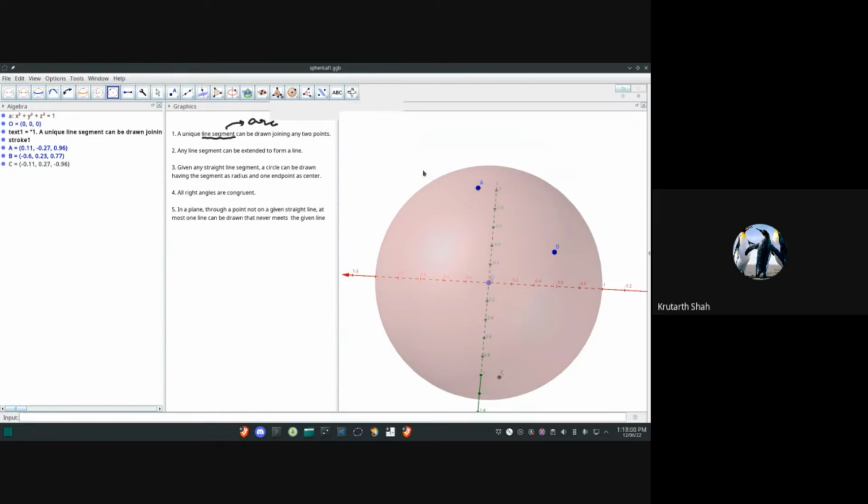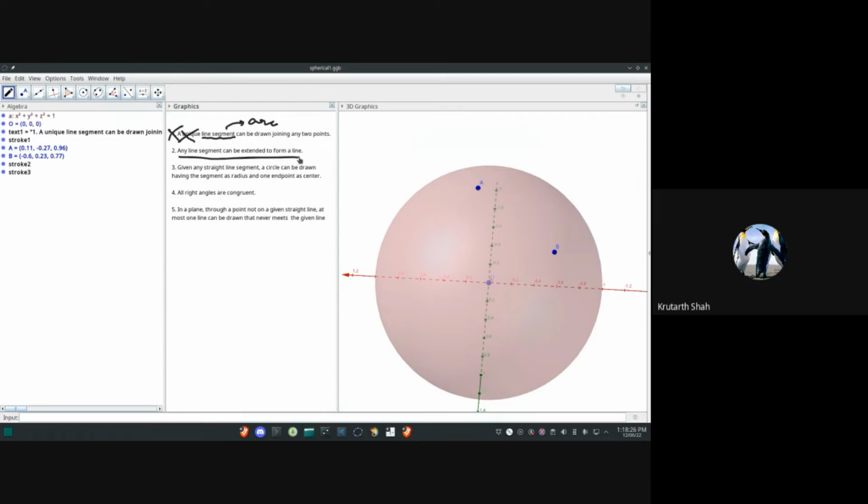So there is no unique plane passing through them. There are infinitely many. Exactly. So we can consider many spherical arcs. So there is no unique spherical arc passing through these. So it's no longer unique.